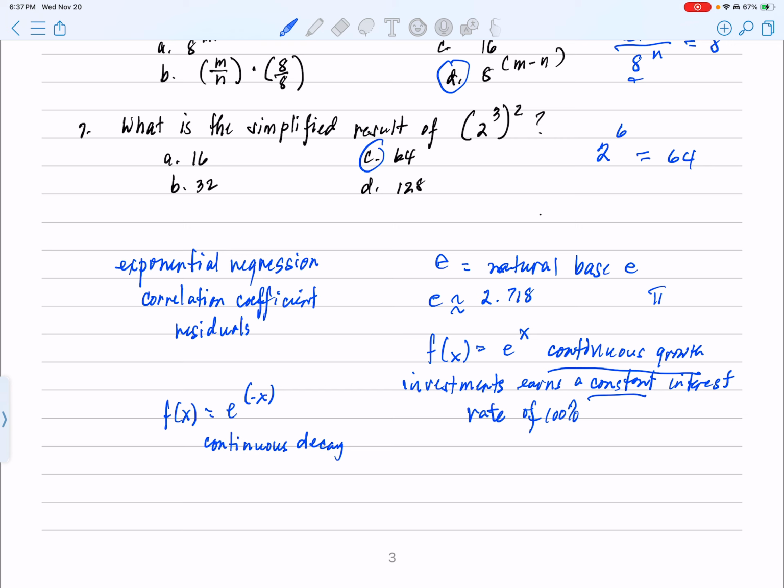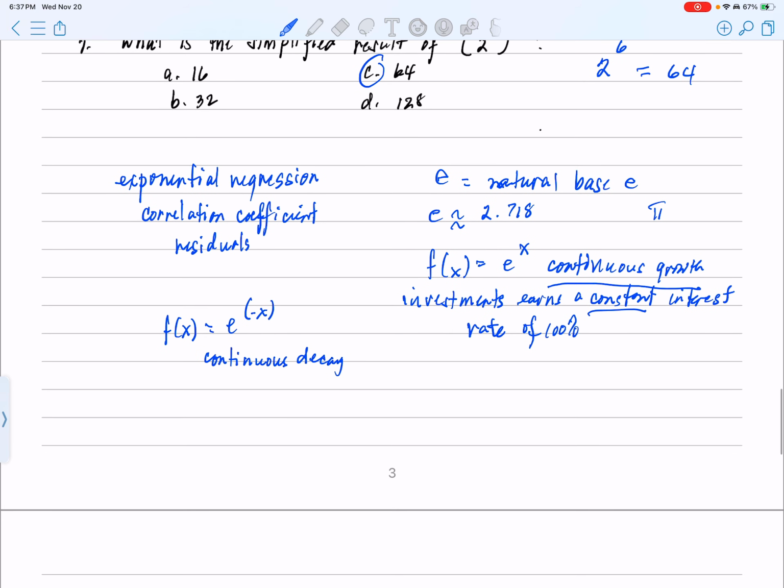We'll be doing this later on: why e is used as the base of the exponential function. That is the base of the natural logarithm, denoted by ln.